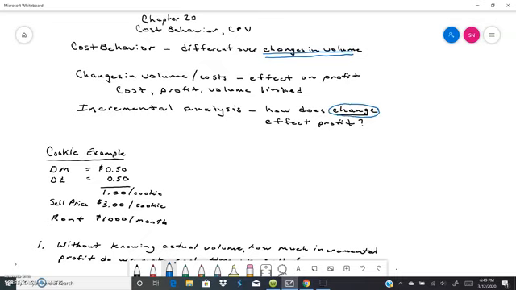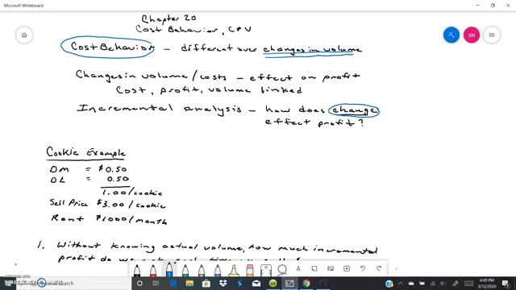So it's really just looking at the incremental effect of one change in volume or cost, and what's that incremental effect on our profit. So if volume goes up by a unit, what's the effect on our profit? And if cost goes up by $1, what's the effect on our profit?